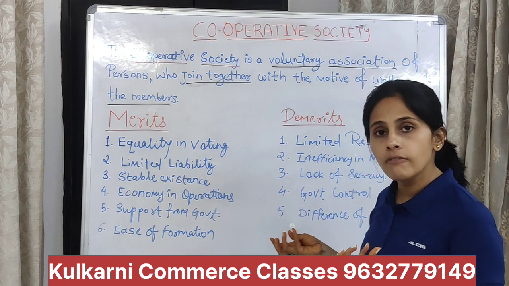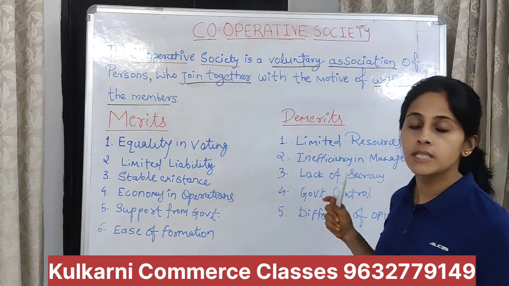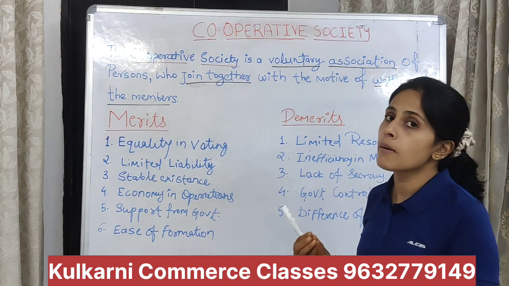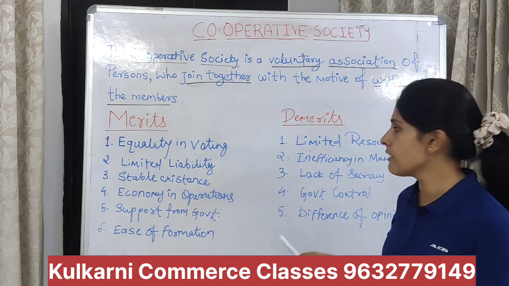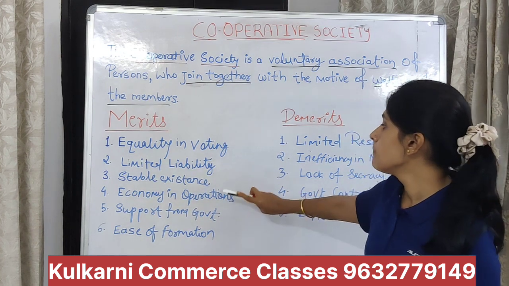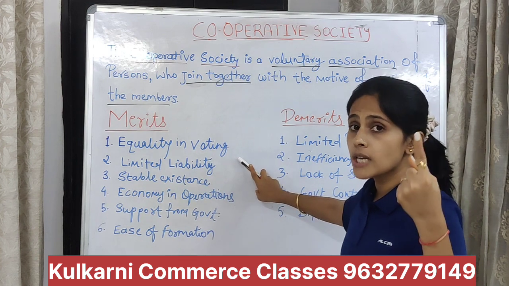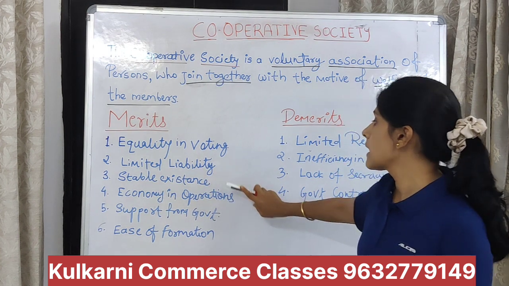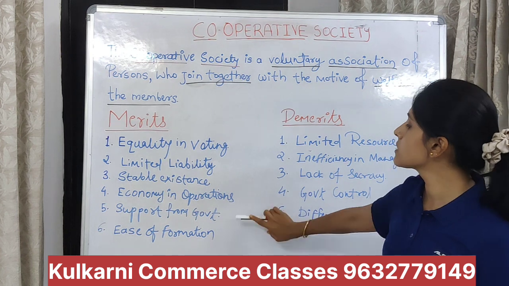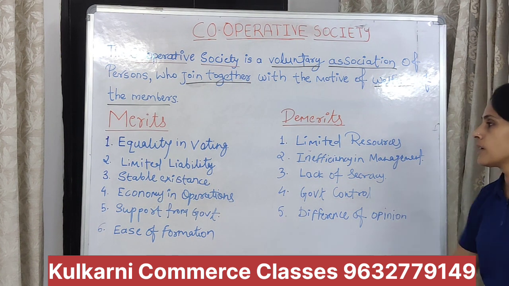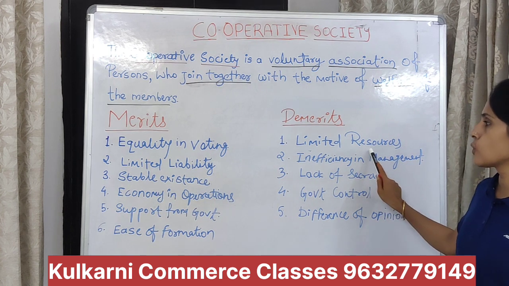In the same way a cooperative society operates: we elect some members, and they take the decisions. Then limited liability, stability. For limited liability, you have to go to my previous videos and check this point. Then stable existence, economy in operation, support from the government, ease of operation, ease of formation. Then the demerit of limited resources.